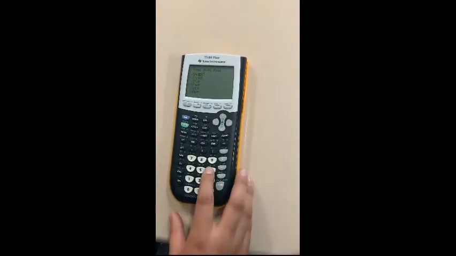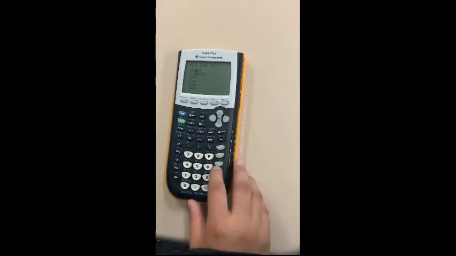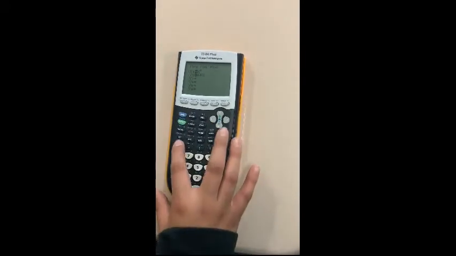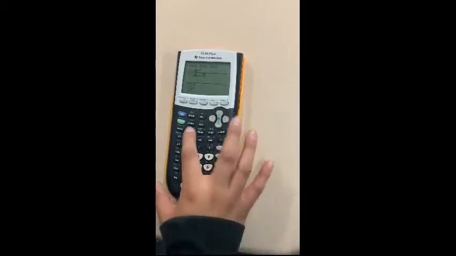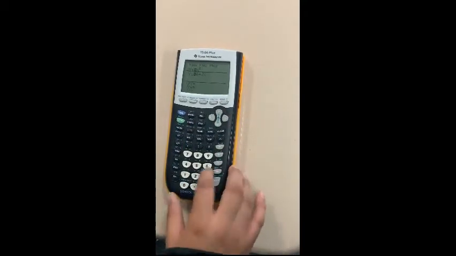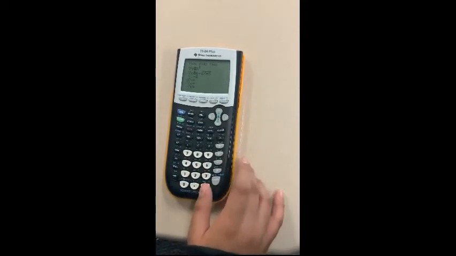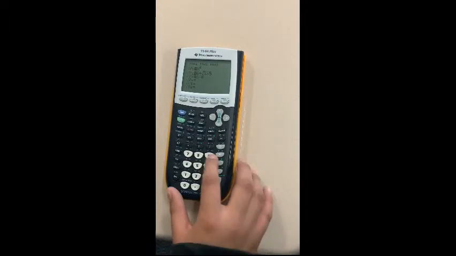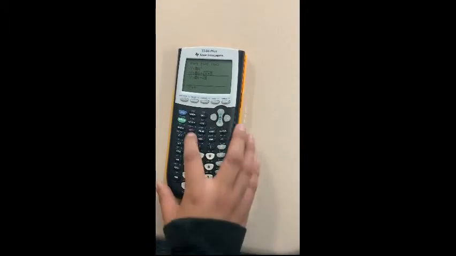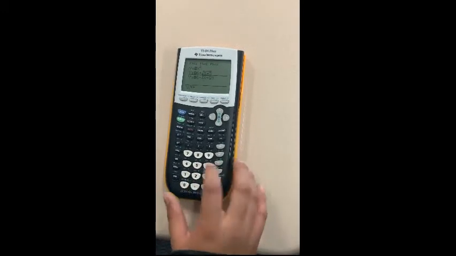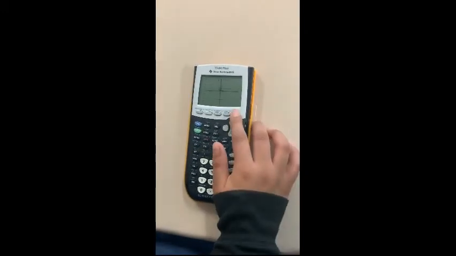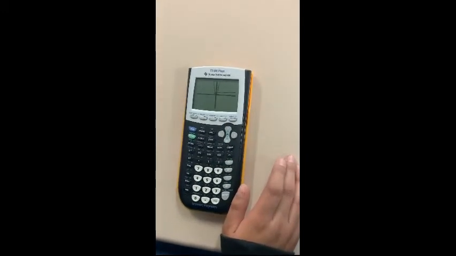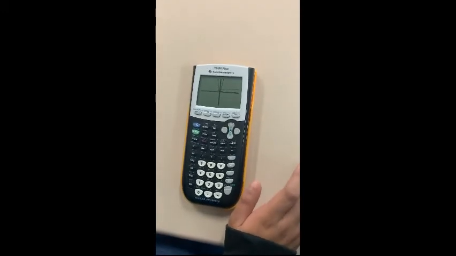So you would put 6 plus the square root of x plus 5 on your first one. And then you would go down and graph 6 minus the square root of x plus 5. Then you would click on graph, and it should graph your three functions.